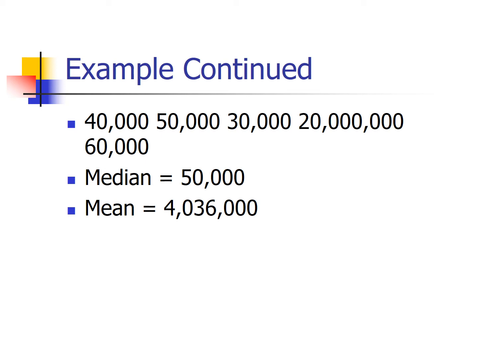Does that make sense? In fact, we could change that 20 million to 200 million, couldn't we? And the median is not going to budge. It's resistant. The mean, however, would change quite a bit and will be pulled well towards that 200 million. Now, in this example, what happened?